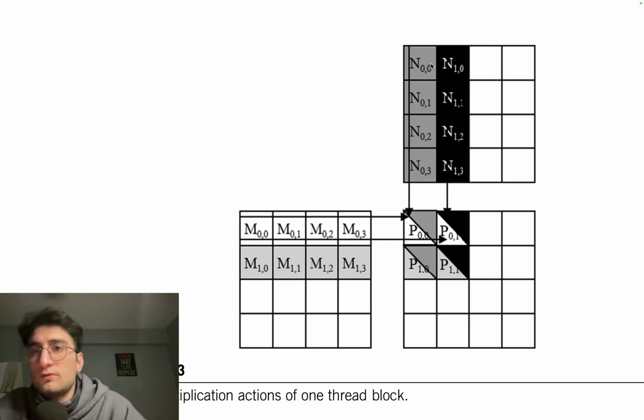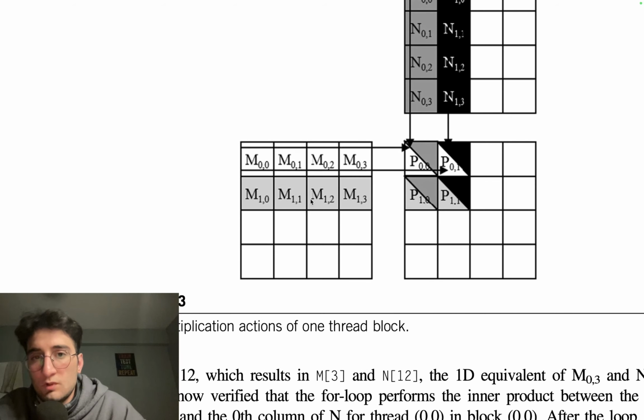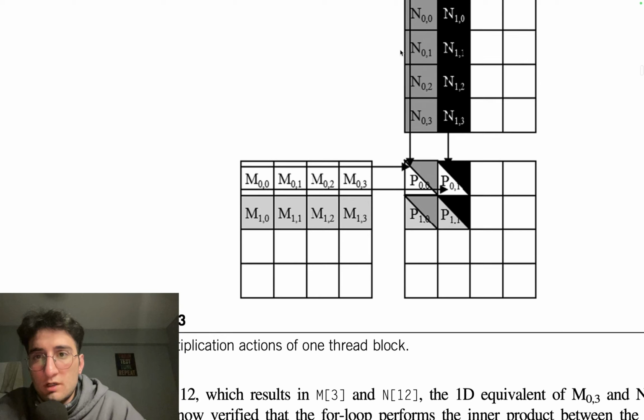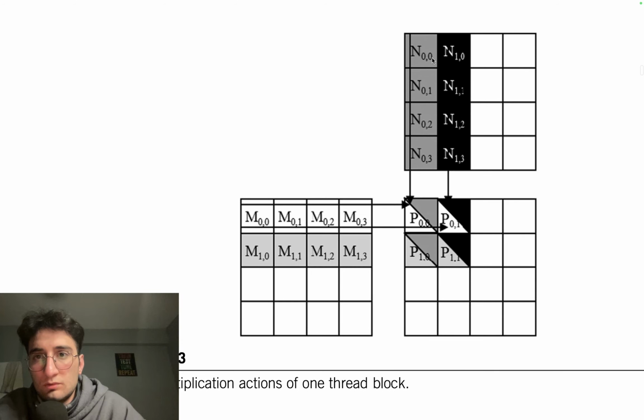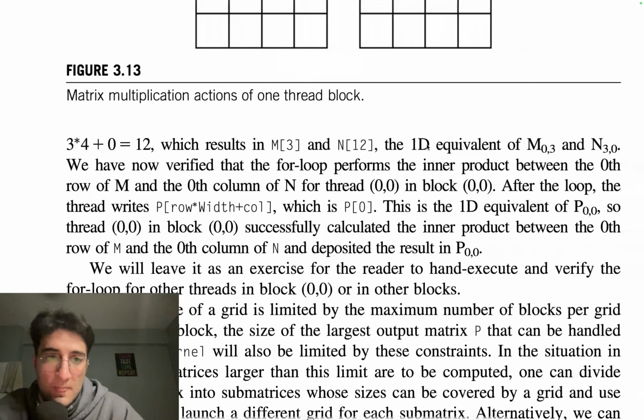No, all of the N columns 0, 1, 2, 3. All of the M1 and all of the columns from all of the rows from N in the first column.